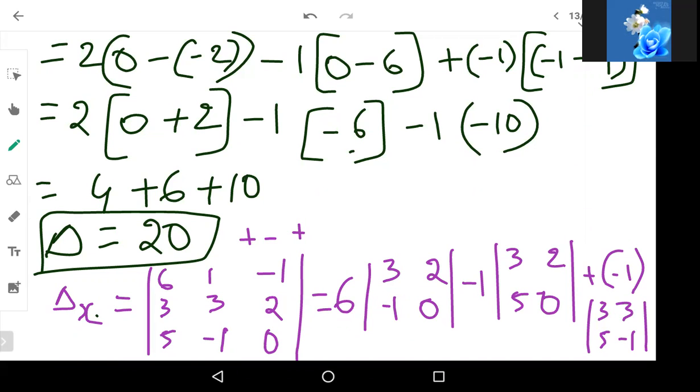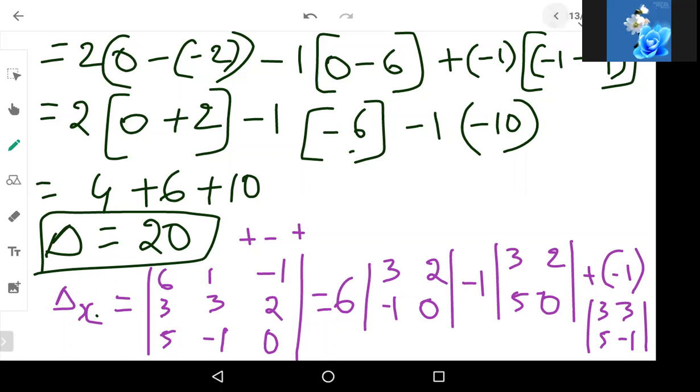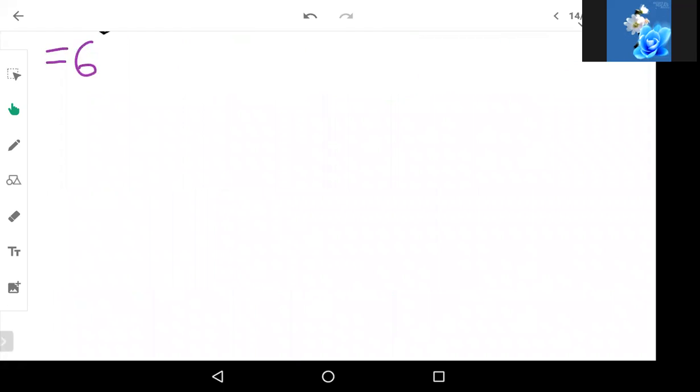Now let us solve this quickly. It is equal to 6 into, now here you have to do the cross multiplication. So 3 into 0 is 0 minus 2 into minus 1. Let us write it down: 3 into 0 minus 2 into minus 1.